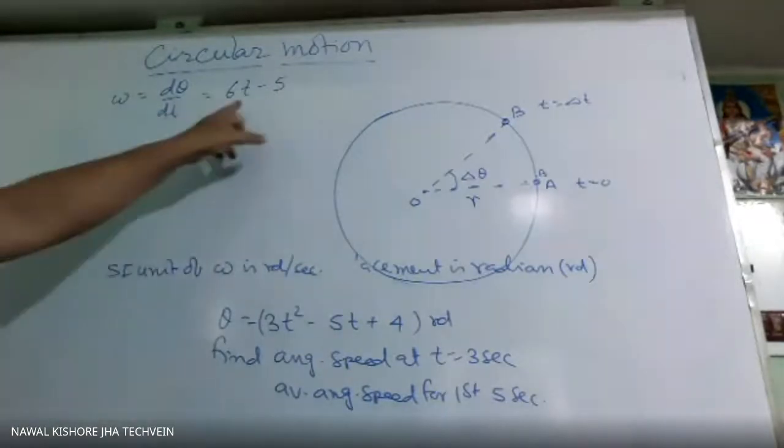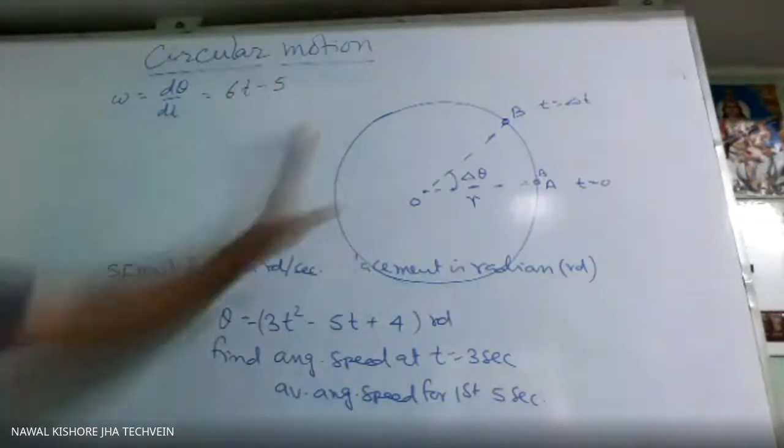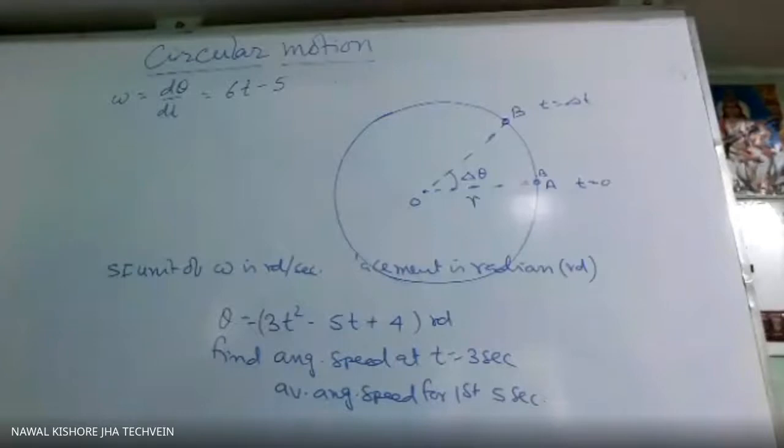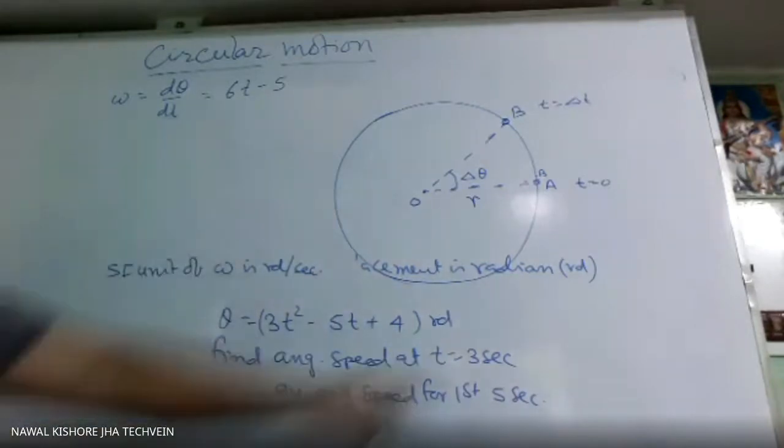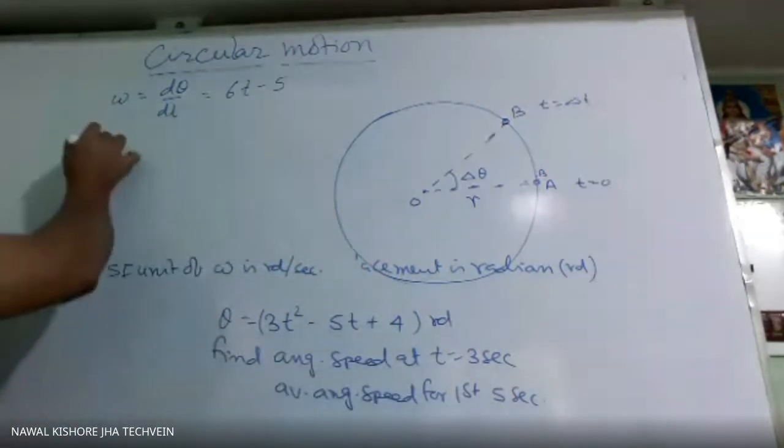As angular speed is depending on t, that means it is variable, non-uniform. It is not constant. If t is not coming here, then only we say omega is constant. In that case, average or instantaneous will remain the same. As it is variable here, you are asked at t equal to 3 seconds.